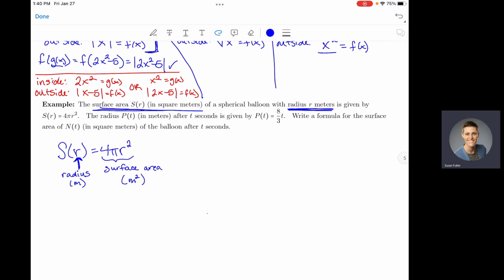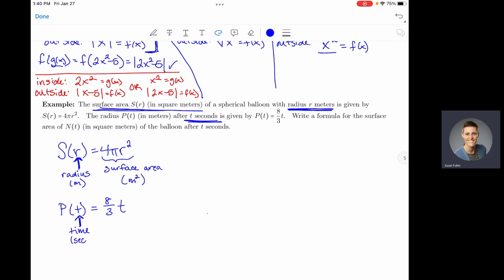All right. We've got another function. Let's figure out what this one's all about. P of t equals 8/3 t. So what goes in and out of this function? So P of t, t is my input variable here, and t is seconds. So t is time.